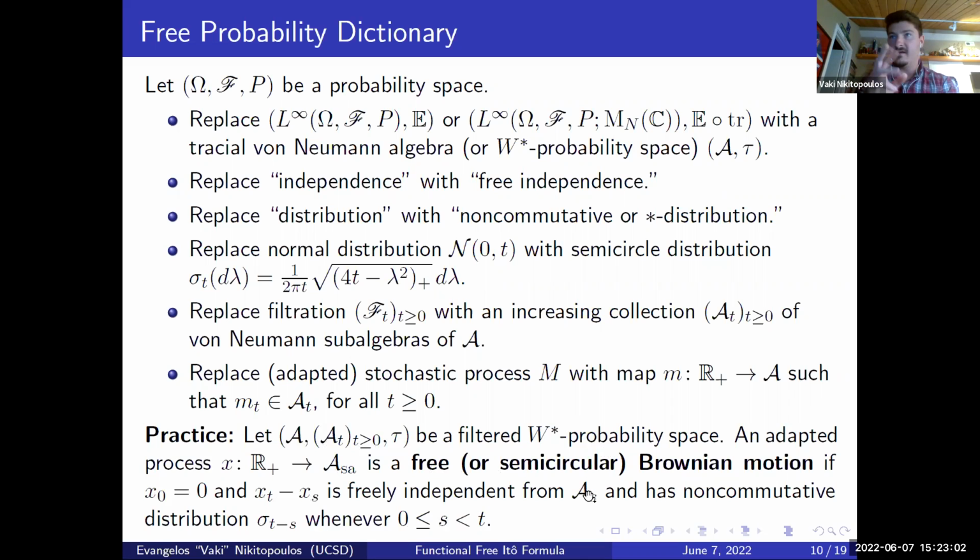That's the free increment assumption, and it has non-commutative distribution semicircle of variance t minus s. So that's going to be the definition of free or semicircular Brownian motion.